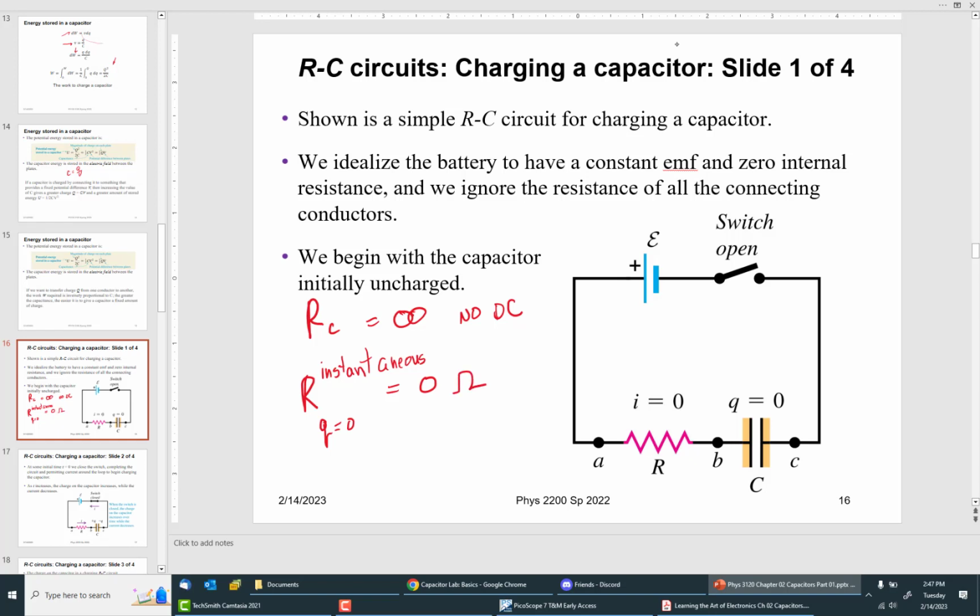So at the instant I close that switch, the resistance of the capacitor is equal to 0. You don't normally talk about the resistance of a capacitor, but that's exactly what's going on. Now notice we have the little i, the little q, they're both equal to 0. We are assuming the capacitor is uncharged and the switch is open, so there's no pathway for current to flow.